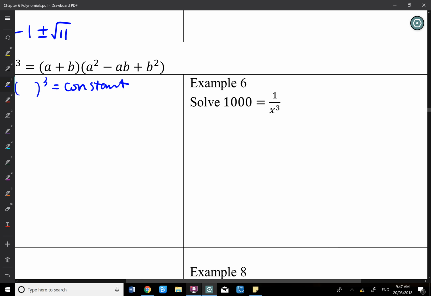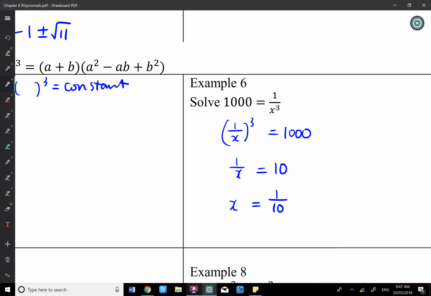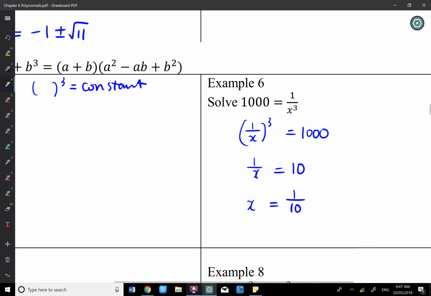Well, same as this one. This gives you 1 over x cubed equals to 1000. So 1 over x equals to 10. Cube root both sides, and x equals to 1 over 10. That's the really straightforward method that we can do.